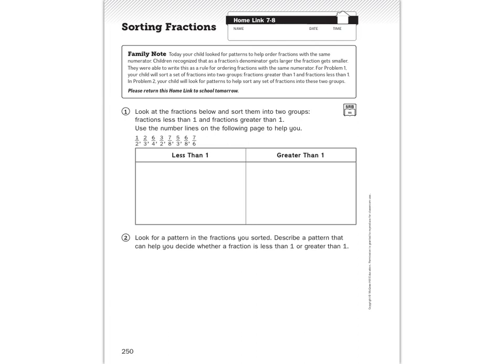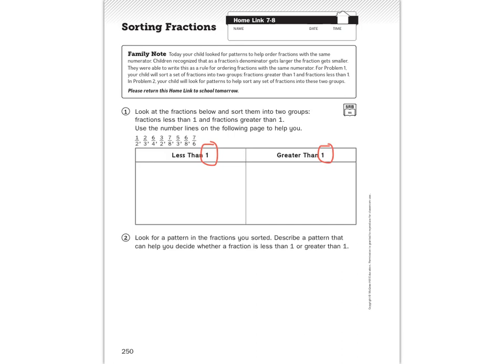Use the number lines on the following page to help you. And then you have all these fractions here. Instead of being less than 1/2 and greater than 1/2, it's less than 1 whole, greater than 1 whole. So you're going to look through here and put the fractions in the right spots.